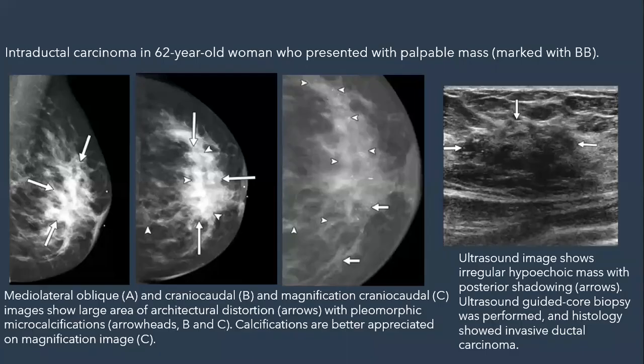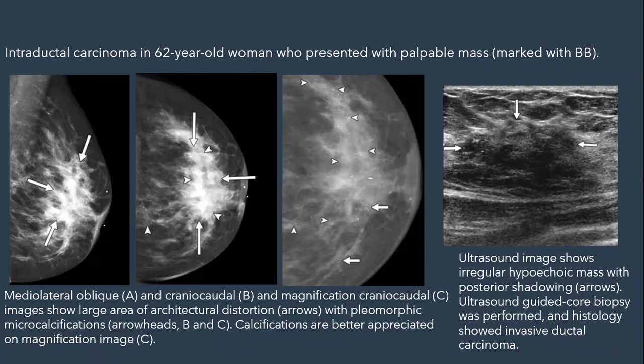Okay, let us see these examples. Intraductal carcinoma in a 62-year-old lady presented with a palpable mass. This is the area of palpable abnormality. Look how it is distorted with global asymmetry, and here associated with pleomorphic microcalcifications.